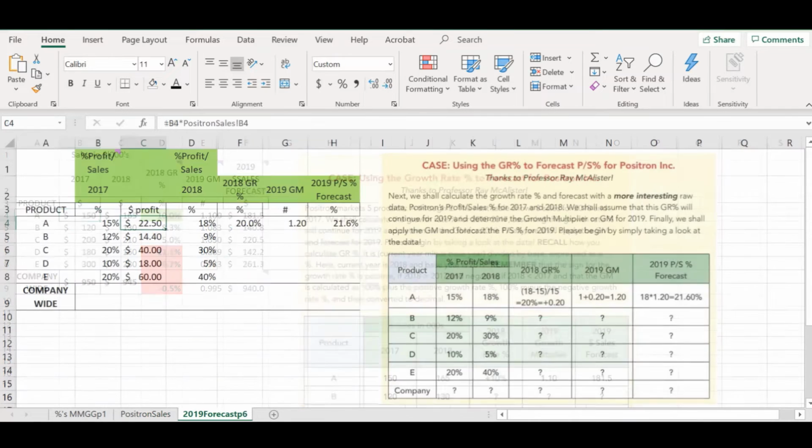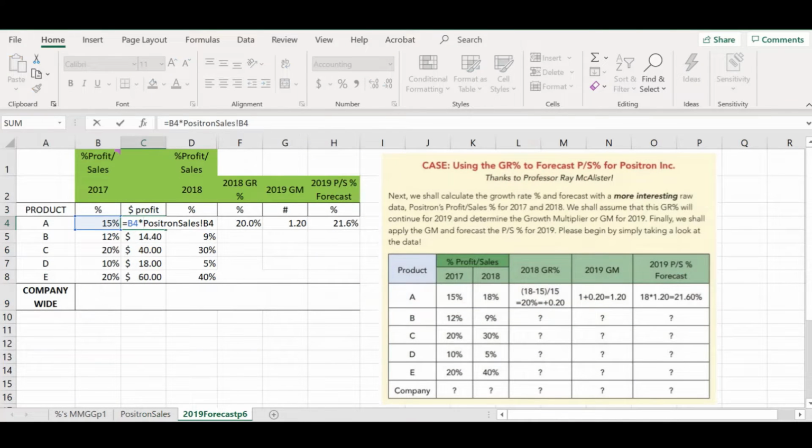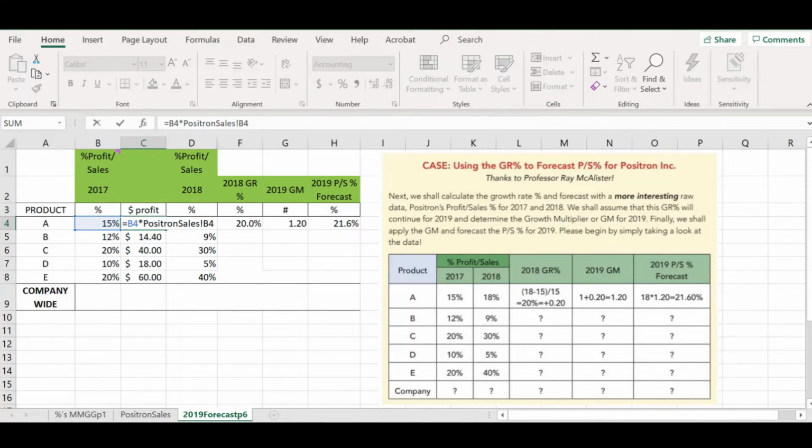See, that's exactly what this is saying here. When it says Positron sales, exclamation mark, B4, that is actually reading what I called my spreadsheet down here. You know, this is a Microsoft Excel file that I have 1, 2, 3 different spreadsheets or worksheets in. Isn't that a cool feature? I just love that about Microsoft Excel.